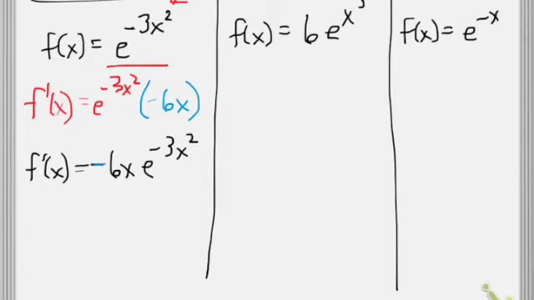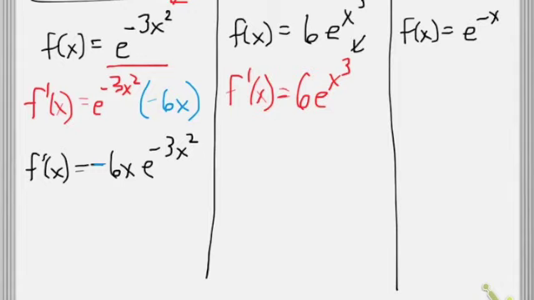Let's go over here to 6e raised to the x cubed. Well, you guys are going to catch on to me saying this. We're going to write what we see, which is everything. Okay, again, notice how we do not change what's written in the exponent.